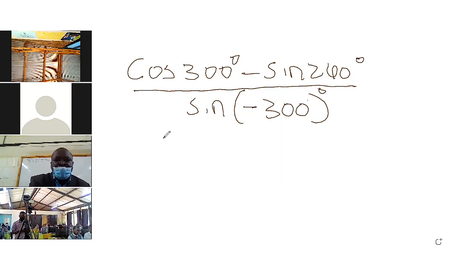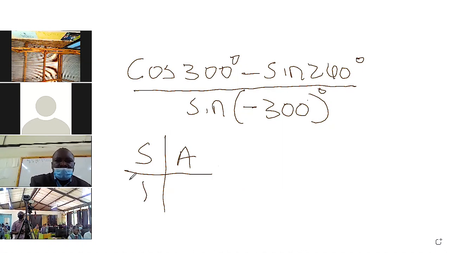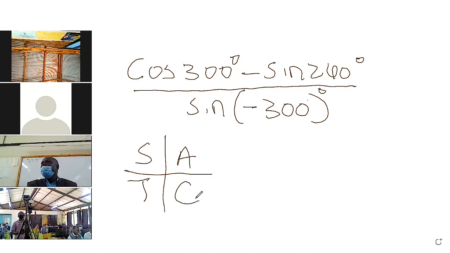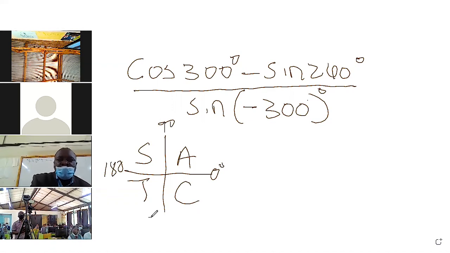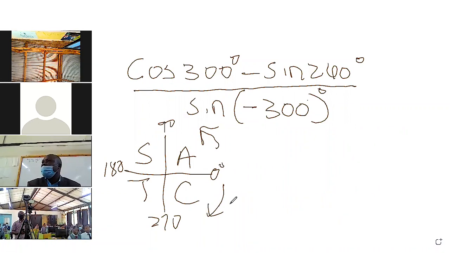In the unit circle, we know this is 0 degrees, this is 90, this is 180, then this is 270. Moving anticlockwise is positive, and when we move clockwise, it is negative.